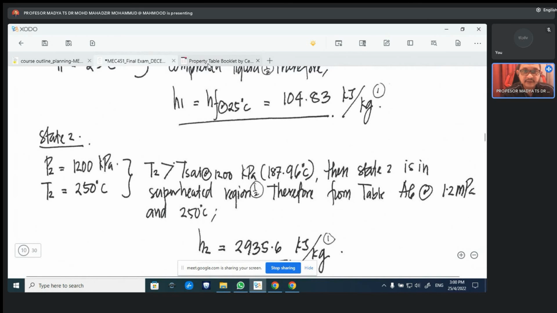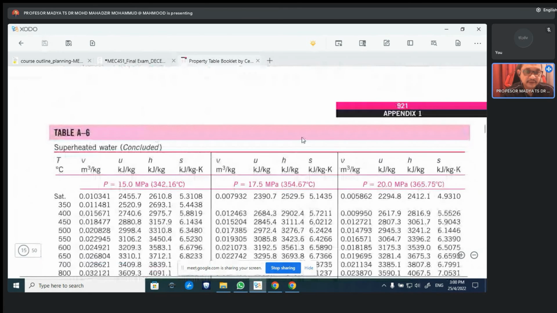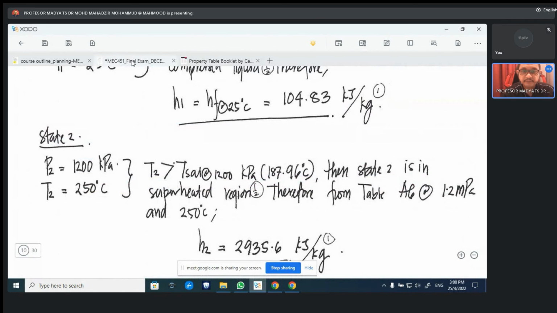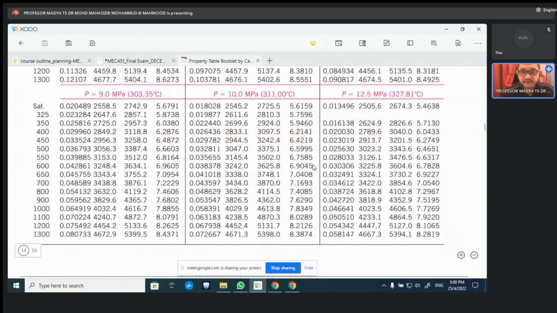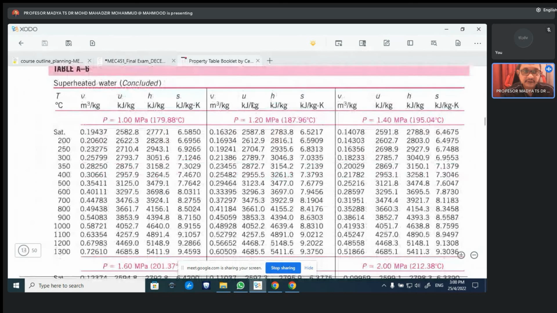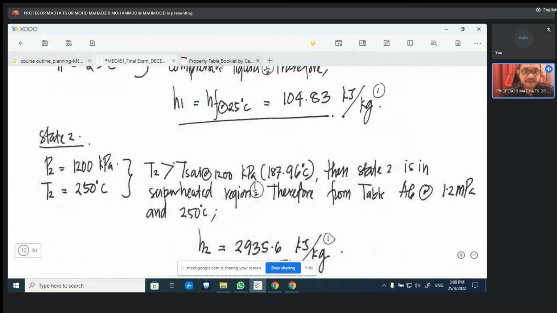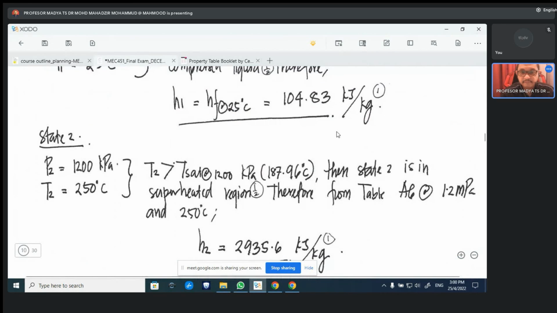Using the properties table, go for superheated water. Find 1.2 megapascal, the temperature is 250, so H2 is 2935.6 kilojoule per kg.